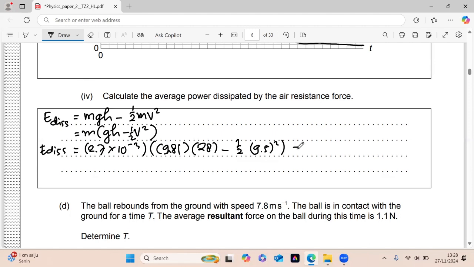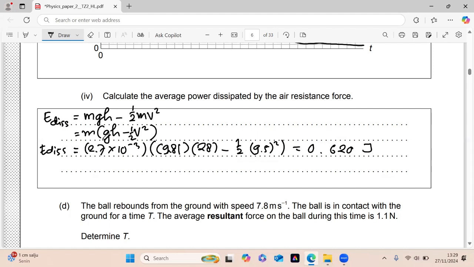If you calculate, the result will be 0.620 joule.